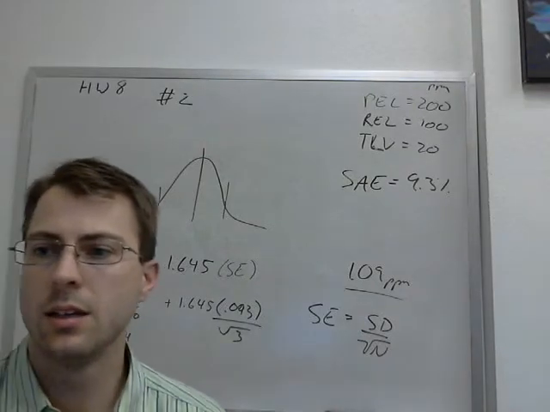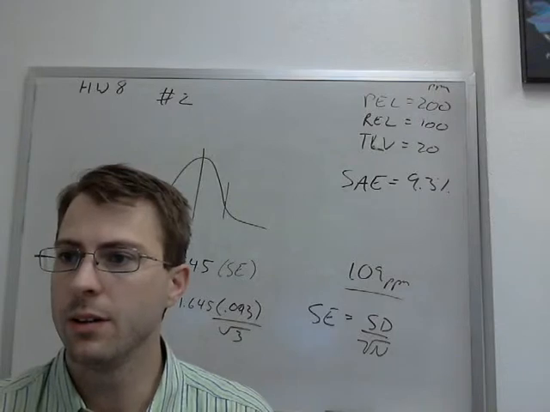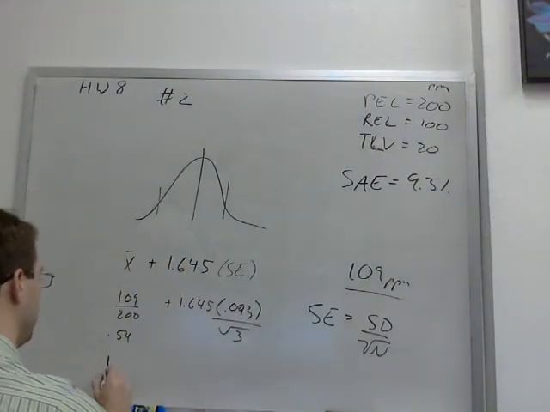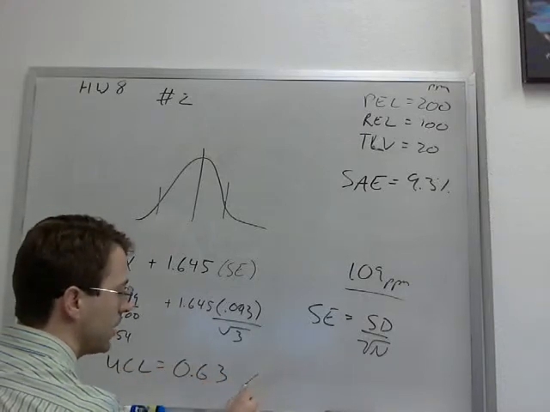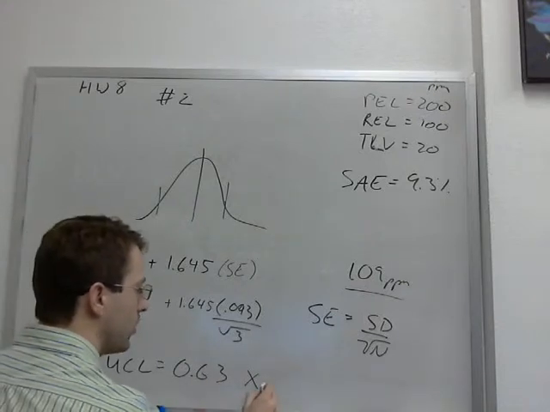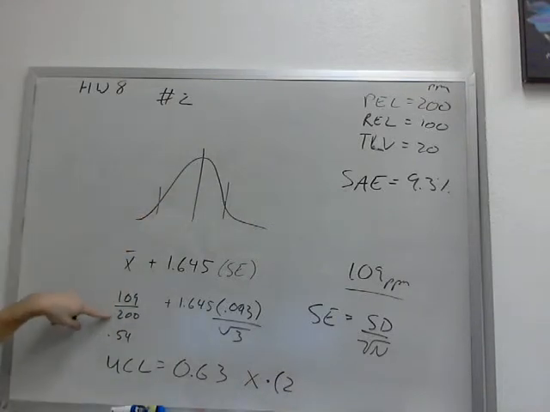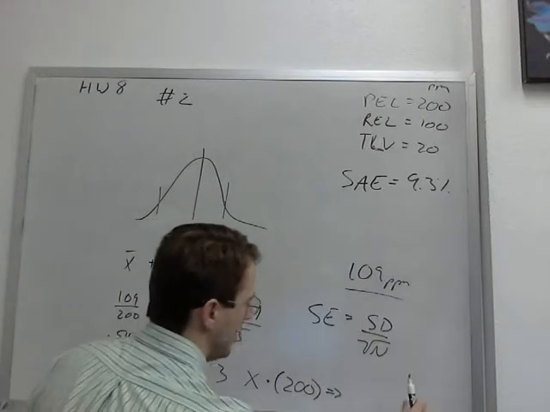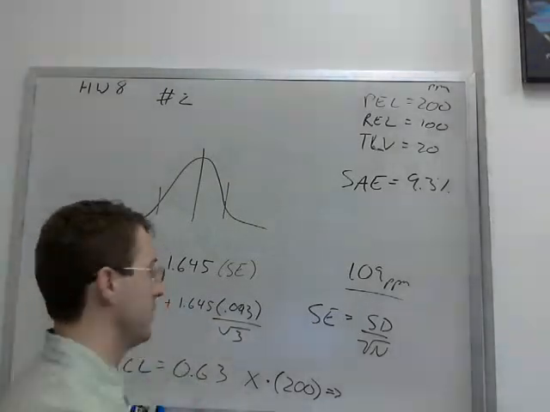So when we do that, we should find that our upper confidence limit, make sure that that's how I calculated it, yes, is equal to 0.63 exposure fractions. And so we then have to multiply by the exposure limit. This 200 is our exposure limit. So multiply by 200, and that gives us our ppms. So what's 0.63 of 200? It's 127.